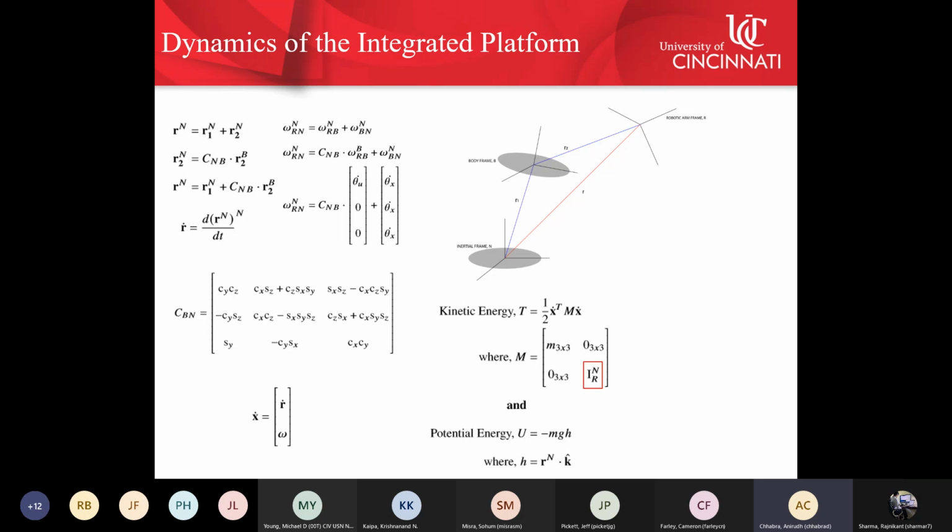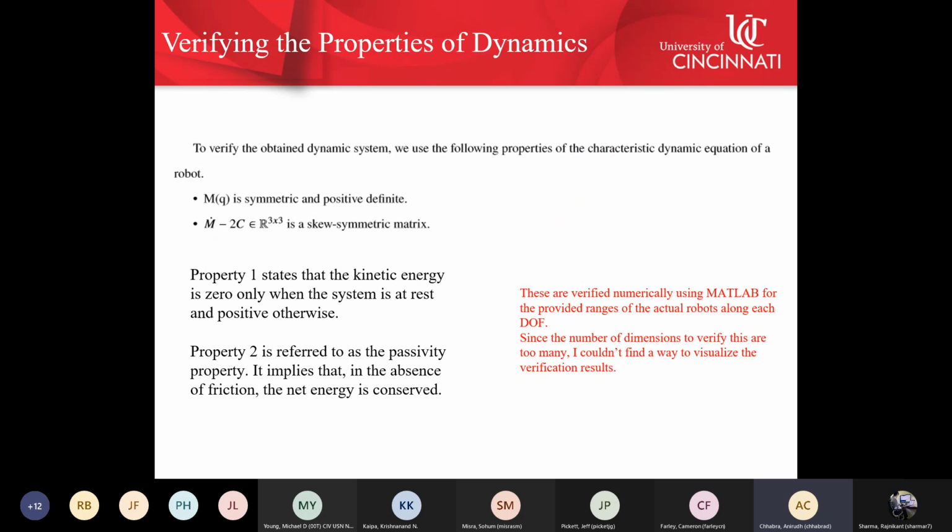So here we need the moment of inertia, and we define it first in the local frame and then in the global frame. And this was the dynamics.